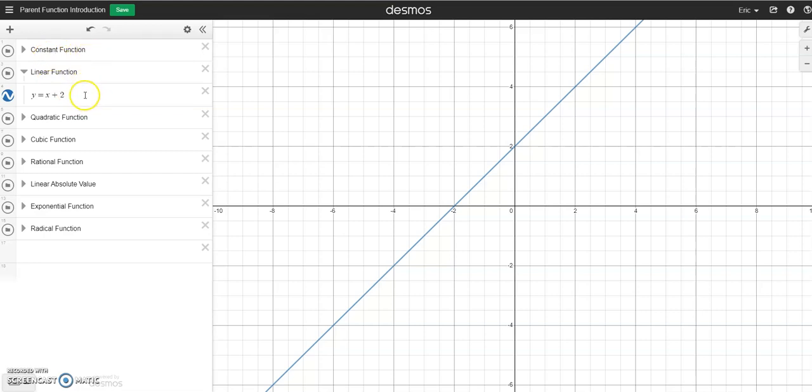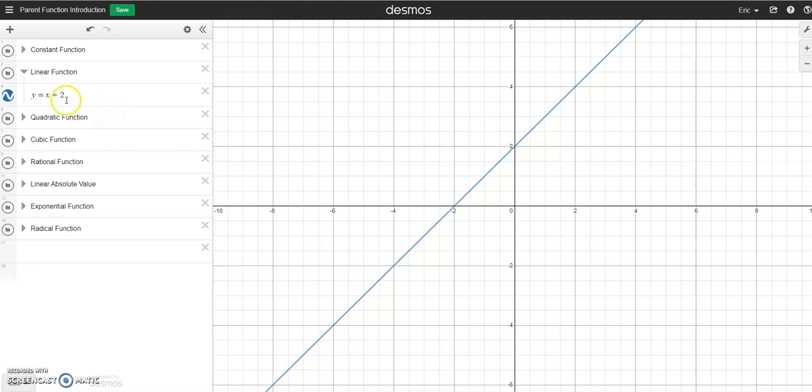So the distinction is a linear function makes a diagonal line, where a constant is a horizontal line. Some other specific characteristics you'll see is that in a linear function, you'll have a single y and a single x. What I mean by that is you don't have x to the second, x to the third. It's technically x to the first.